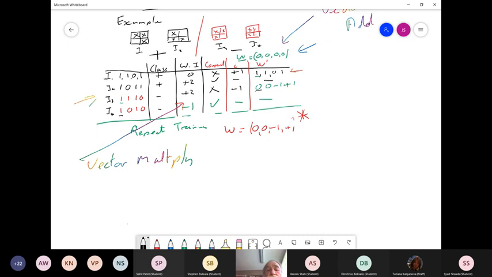It is plus 2. It is wrong. It's a negative pattern. We're getting a positive response. C becomes minus 1. And I now subtract I3 from the latest weight vector, which will give me 1 minus 1 is 0, 1 minus 1 is 0, 0 minus 1 is minus 1, and 1 minus 0 is plus 1. And that is the latest updated vector.